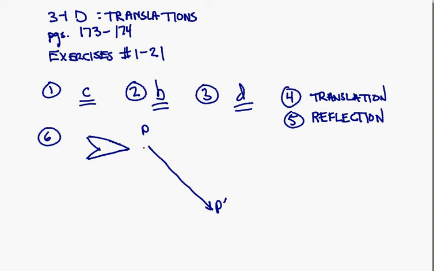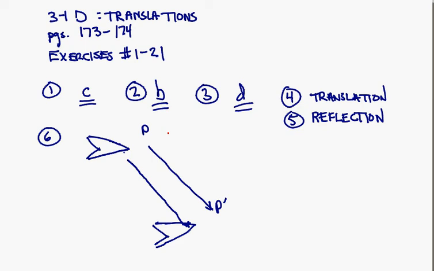So imagine, if you would, you're simply taking that vector and extending it from the point here. So you would again draw this object, and in theory that should look exactly the same. There's no rotation, there's no reflection. All there is is just pushing the object down and to the right.